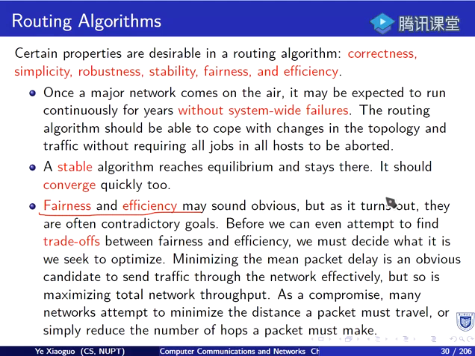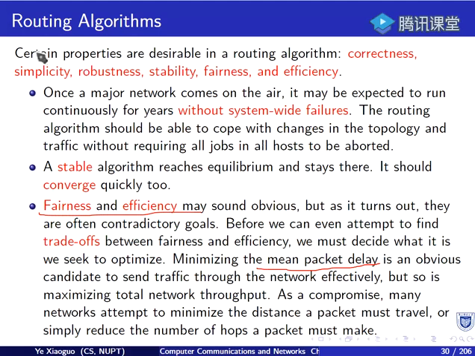Minimizing the mean packet delay is an obvious candidate to send traffic through the network effectively, but so is maximizing total network throughput. As a compromise, many networks attempt to minimize the distance a packet must travel, or simply reduce the number of hops a packet must make.